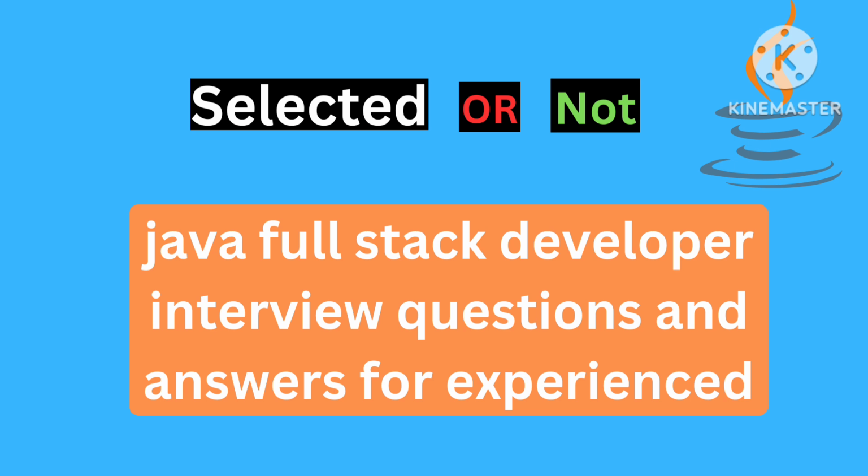In Spring, we have to add a server to deploy our code. And Spring Boot reduces the lines of code compared to Spring. There are annotations in Spring Boot, that is @SpringBootApplication.